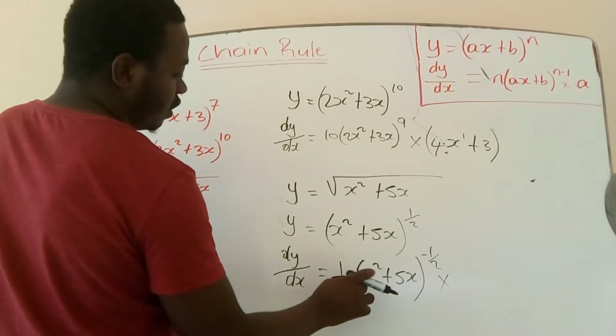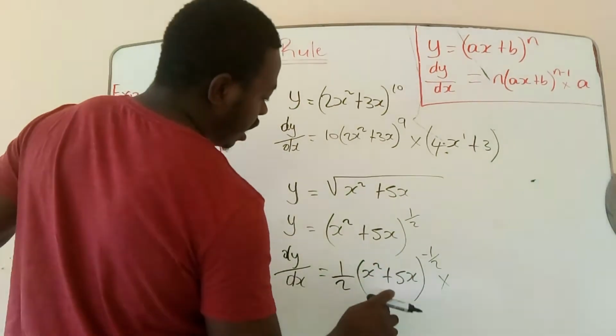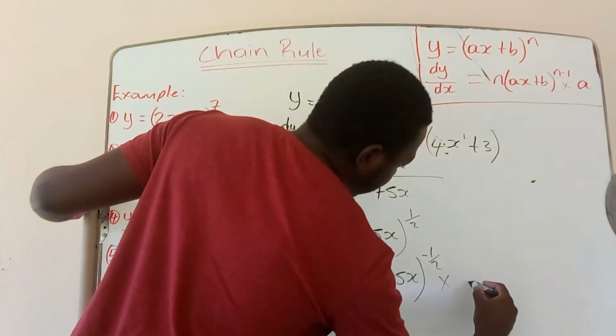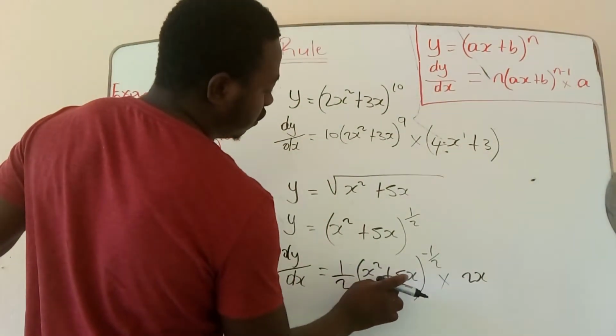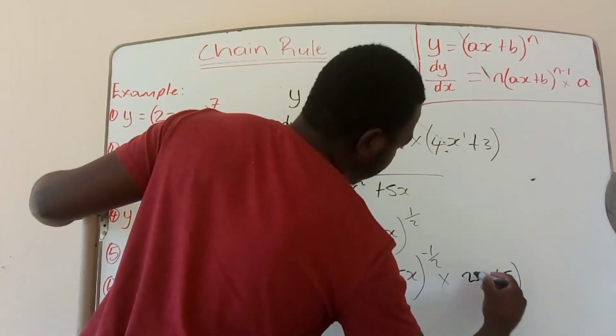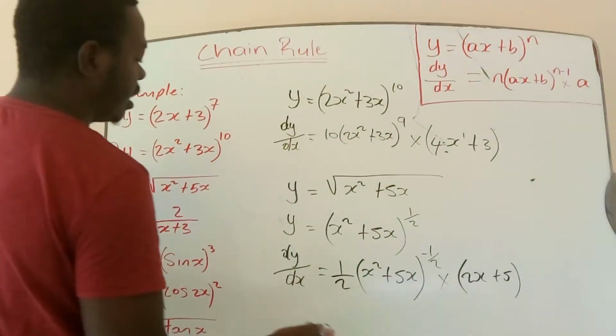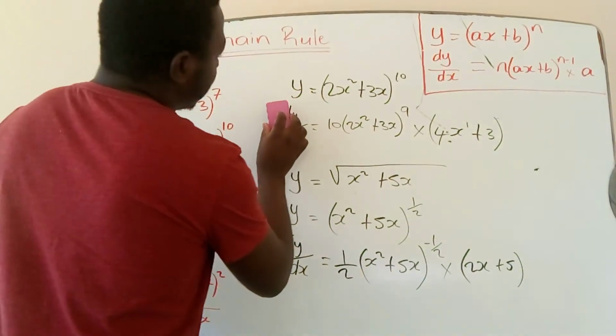So if you differentiate inside of the bracket, which is x² + 5x, differentiate x², that gives you 2x. Differentiate 5x, that gives you plus 5. All of that in a bracket. And that's it there. So let's look at the next example.